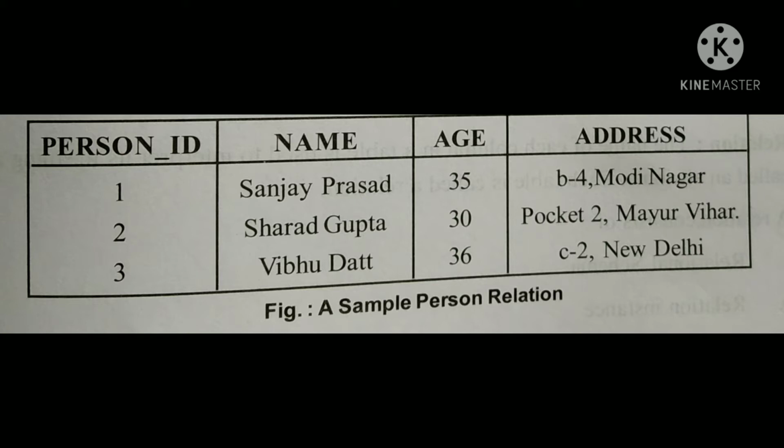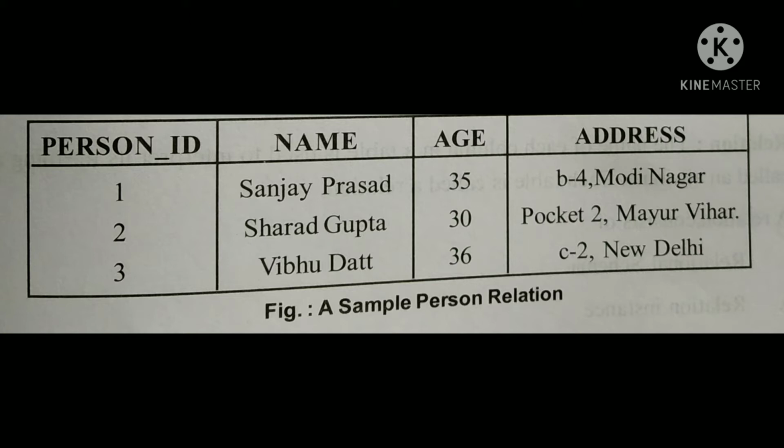ID number 3, the name is Vibhudat, age about 36, address C2 New Delhi. This is an example of a simple table representation.